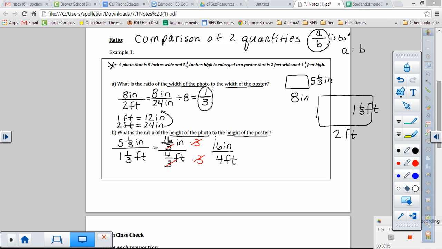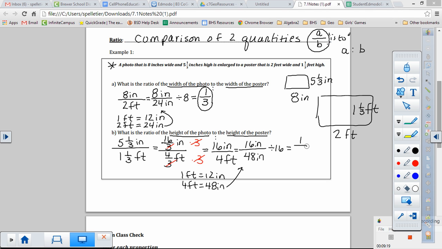Again, apples and oranges, I need to fix it. 1 foot is equal to 12 inches. 4 feet would be 4 times that, or 48 inches. So I'm going to replace it with 16 inches is to 48 inches, and both of those are divisible by 16.